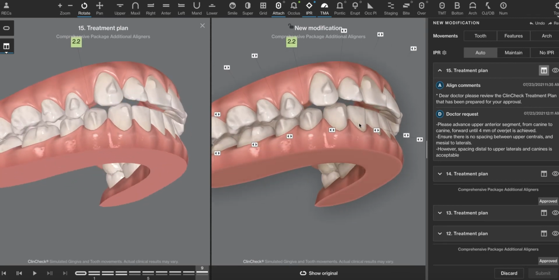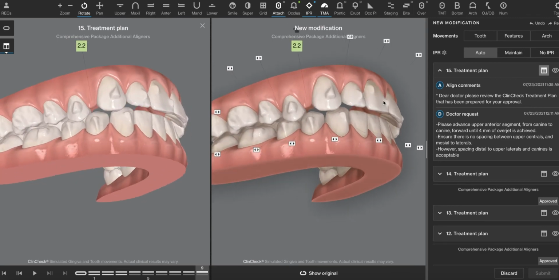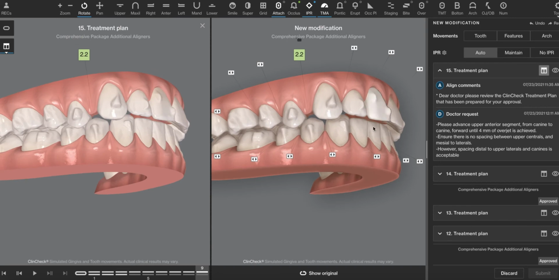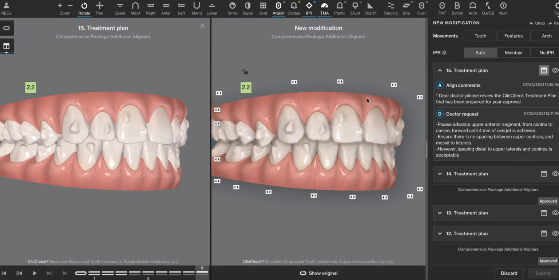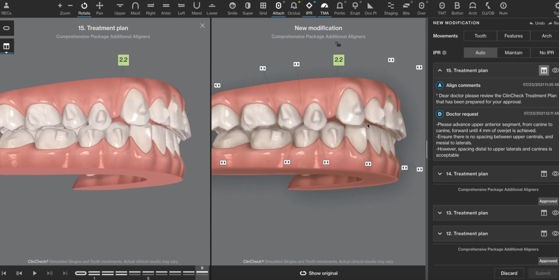I would have them decrease this overjet by 2 millimeters. 4 millimeters sounded good when we talked yesterday, but that's a little too much. And I don't think we're going to achieve that in 9 trays. That's quite a movement and likely to cause some fenestration or recession of the upper anteriors where that bone is very thin already.